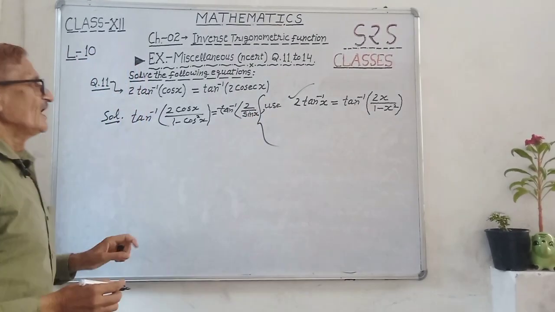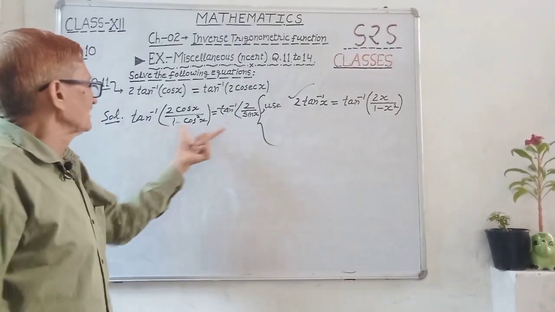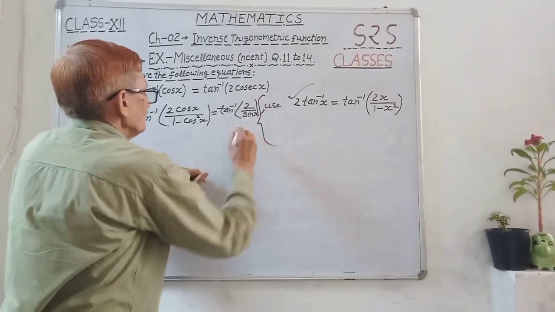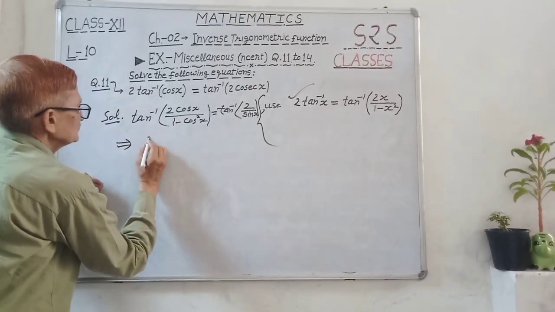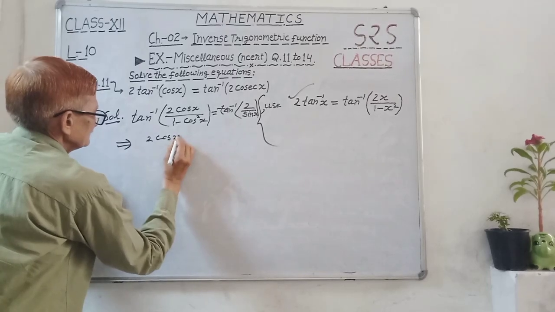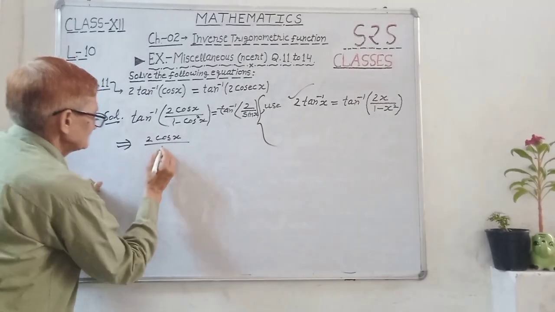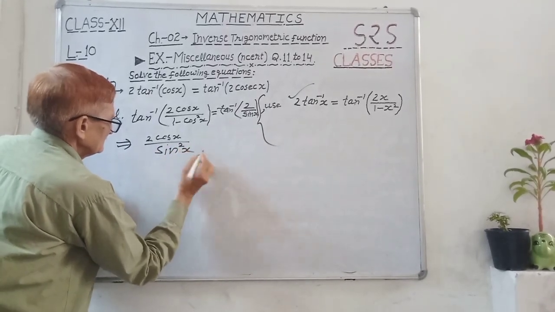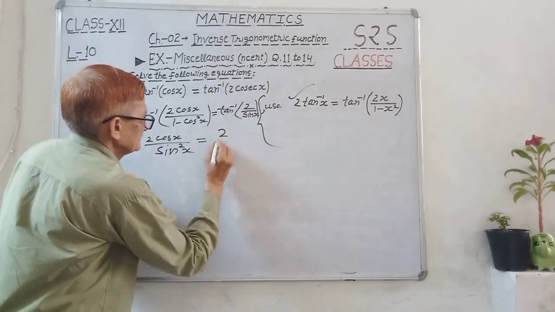Okay, now tan inverse on the left hand side, tan inverse on the right hand side, equation is there, one term each. It means the arguments of both tan inverse functions must be equal. Then this implies 2 cos x upon 1 minus cos square x, which is sin square x, is equal to 2 upon sin x.